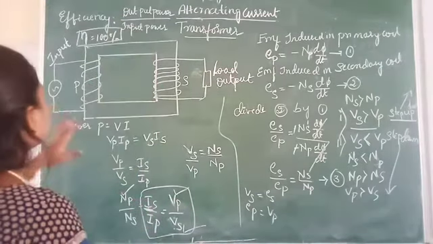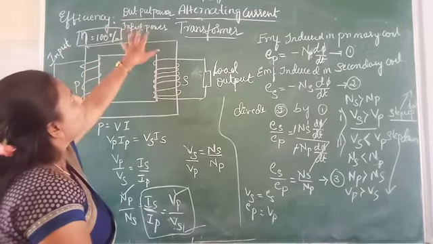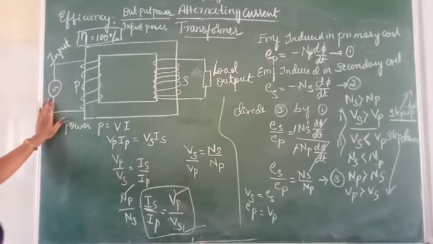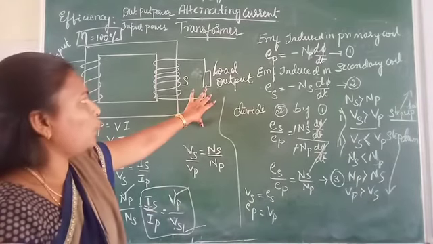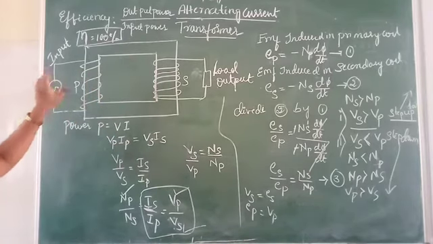From the efficiency definition of the transformer, it is the ratio of output power by input power. Output power means what we get as output voltage from the AC source we have used. So that we can take as the efficiency, and it always belongs to 100%.